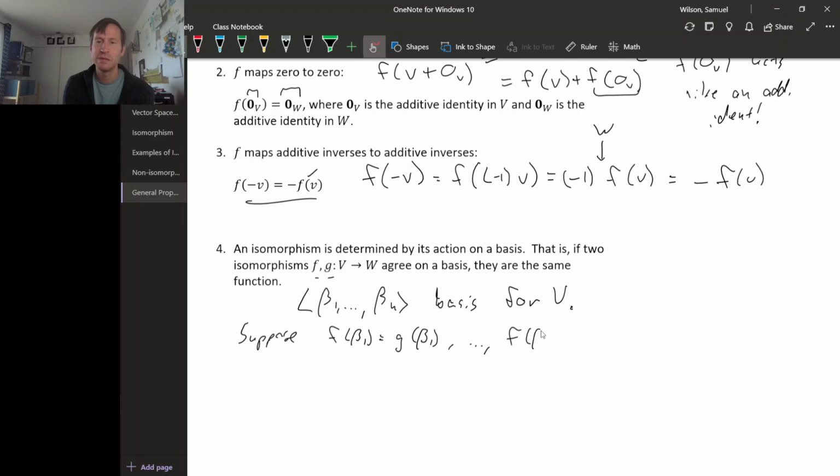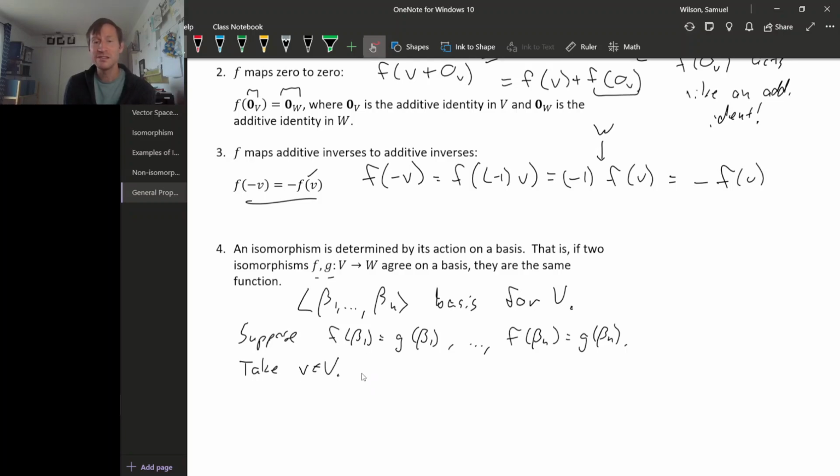So f of beta n equals g of beta n. Okay, so we're assuming that these functions do the same thing to every basis element. Now what we want to show is that they do the same thing to every vector in V. So what we'll do is take any vector in V.